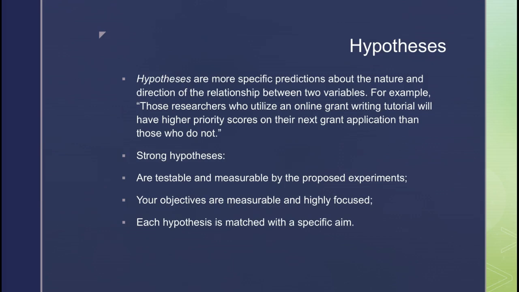So strong hypotheses are testable. They're easily measurable through the proposal that you put forth, as well as your objectives being measurable and highly focused. Your hypotheses, from a communication perspective, are matched with a specific aim to a communication theory. So essentially, a hypothesis is a predictive statement about what you will find in your research, whereas a research question is a question you're posing of something that you will find out from your research.